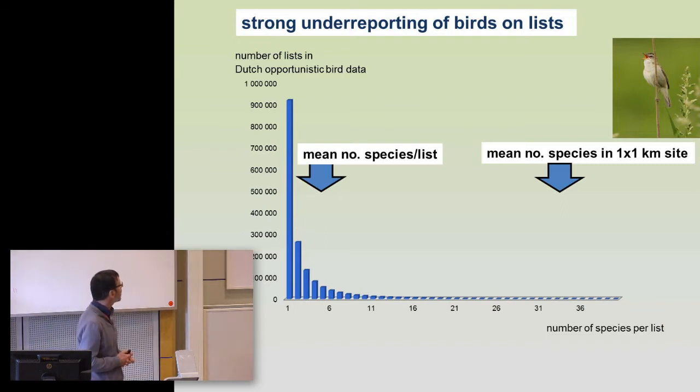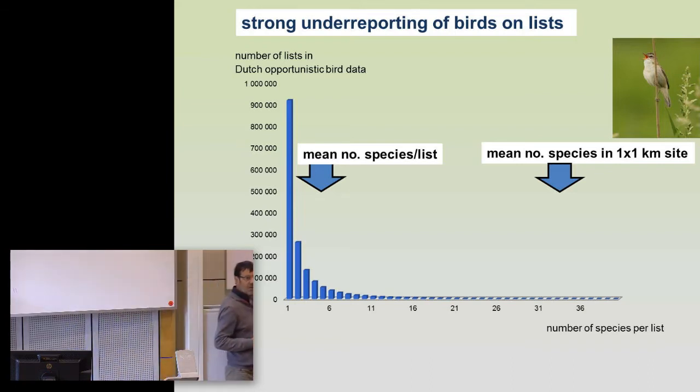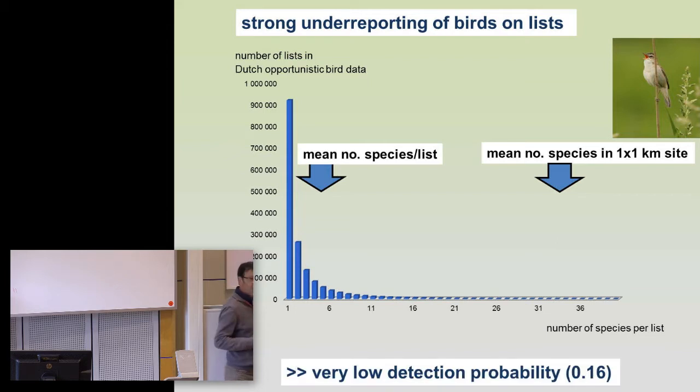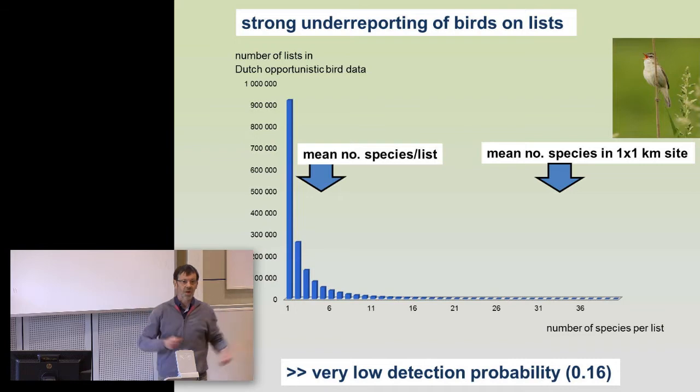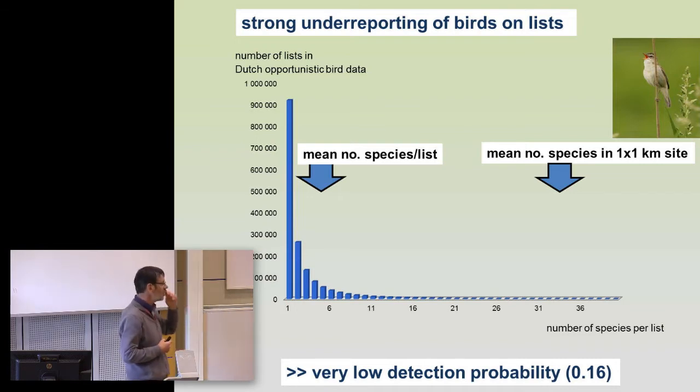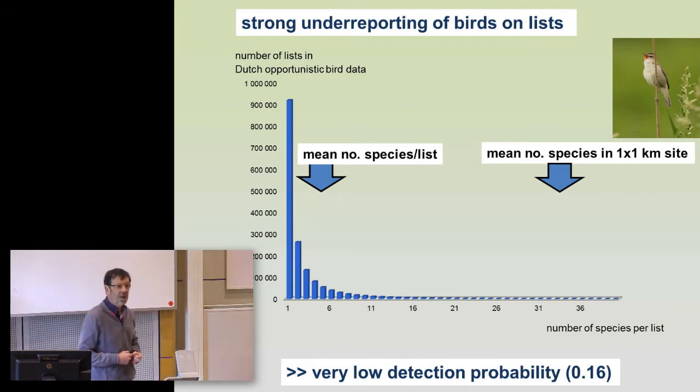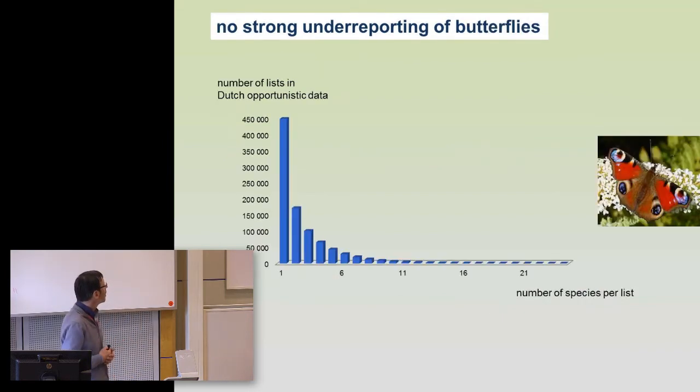So there's a big gap between these two, which means that with opportunistic data, when people are at a site, they just report a few species from all the species that they could have seen. It leads to a very low detection probability, and when the detection probability is low, then these models don't work anymore. You get garbage.